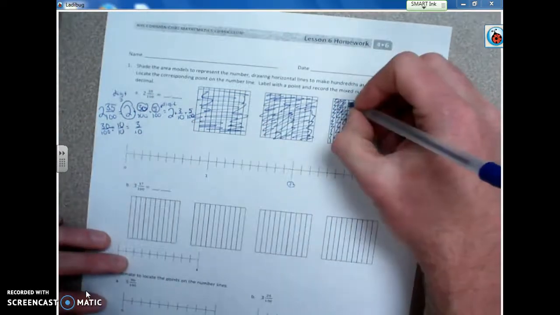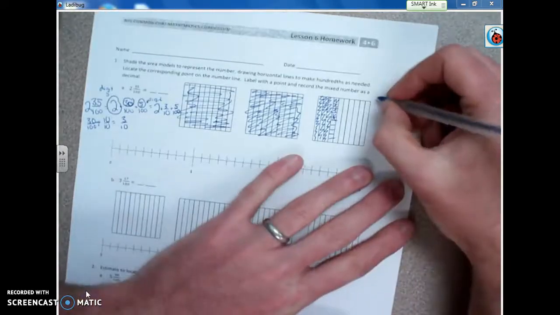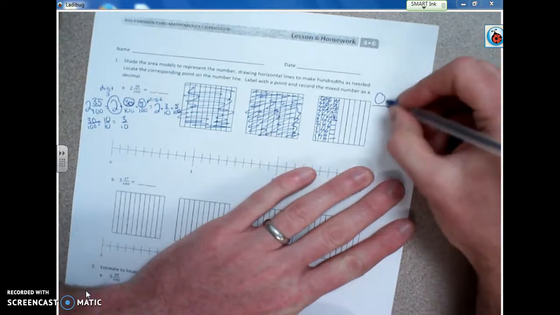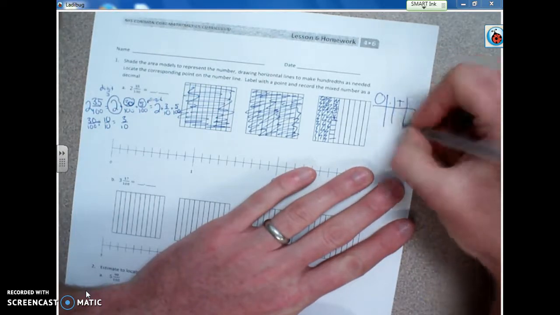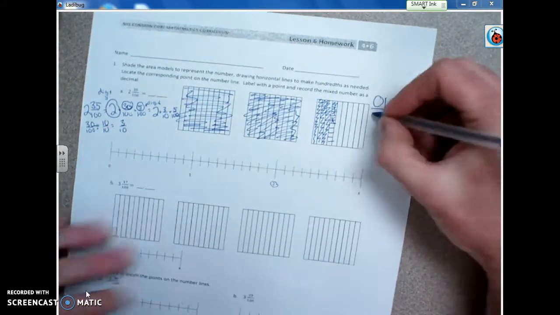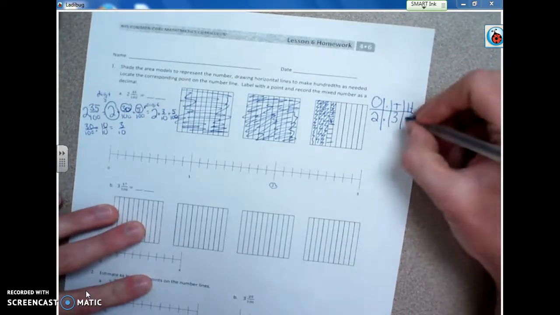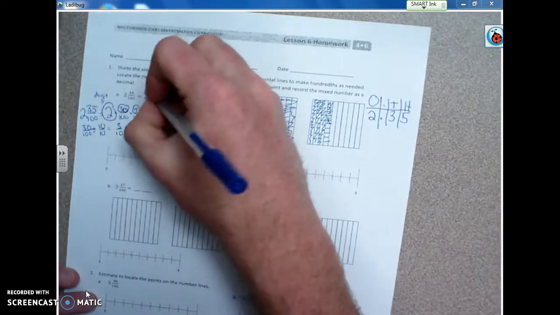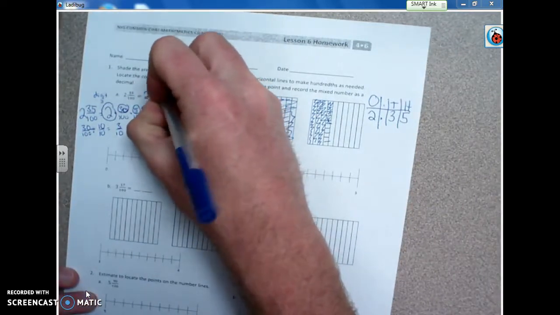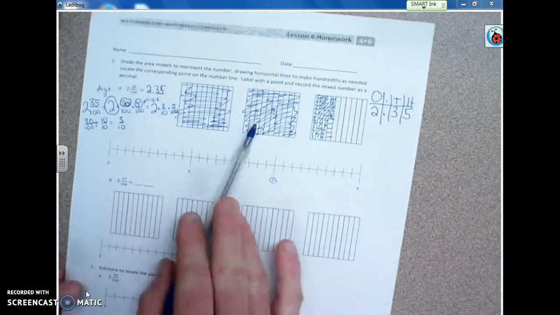And I have 5 of those. So if I look at my place value chart now, I have my ones, tens, hundreds. I'm going to make a little simpler place value chart today. I have 2 ones, 3 tenths, and 5 hundredths. So my decimal becomes 2 and 35 hundredths.